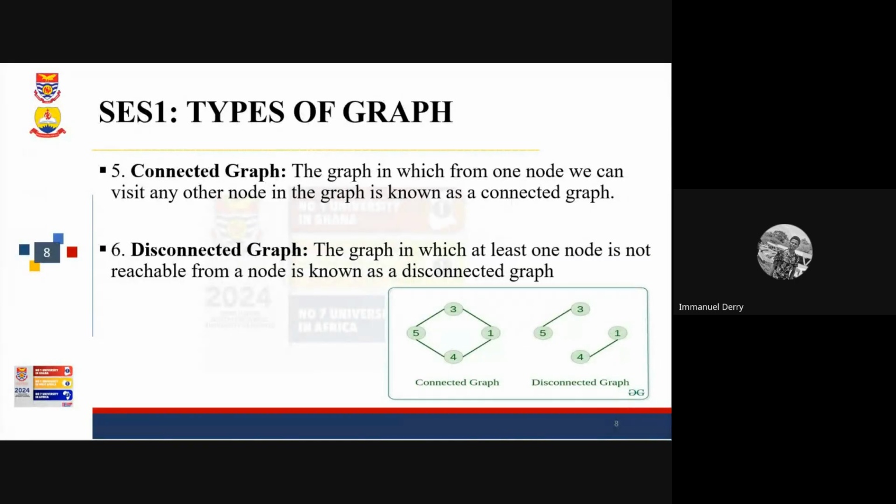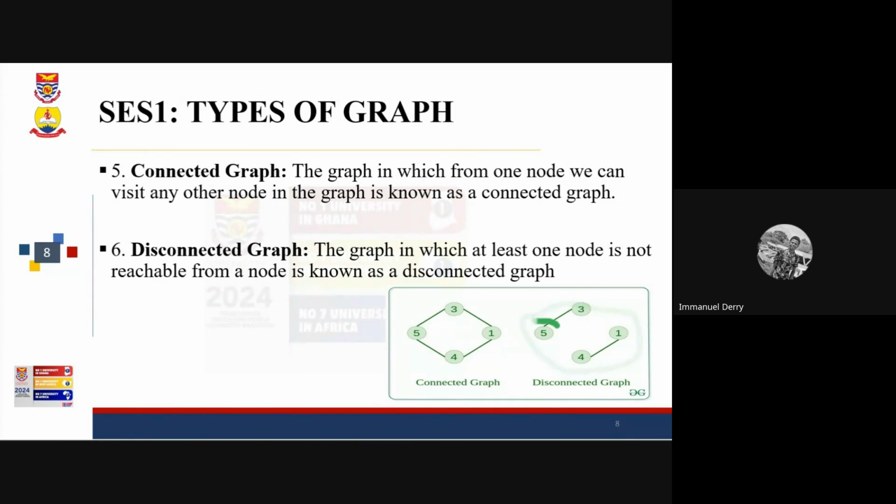And then we have also disconnected graph. This is a graph in which at least one node is not reachable from a node. So if one of the nodes is not reachable in the graph, then you can see that this is a disconnected graph. So this example, for instance, is an example of a connected graph, and this is an example of a disconnected graph.